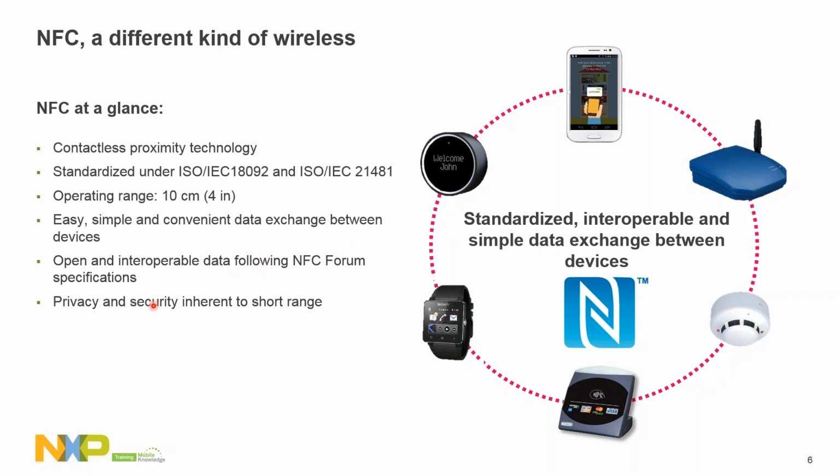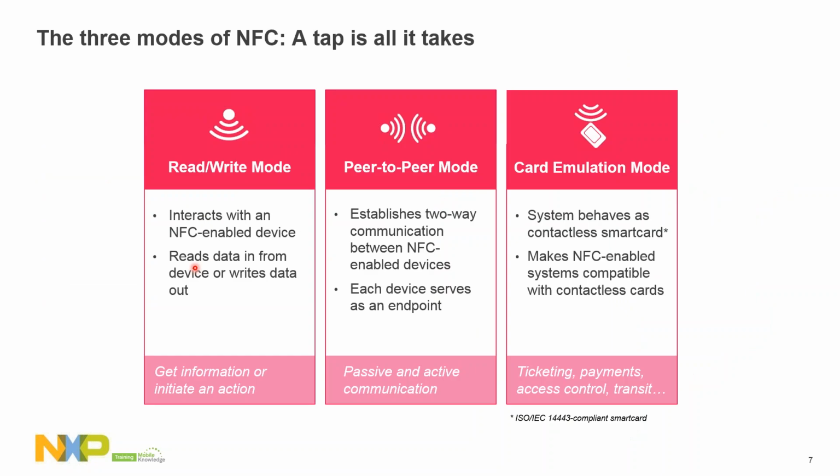Also, another important aspect to highlight from NFC compared to existing contactless technology infrastructure is that it offers three different modes of operation. In card emulation mode, our NFC device can now emulate a contactless card.